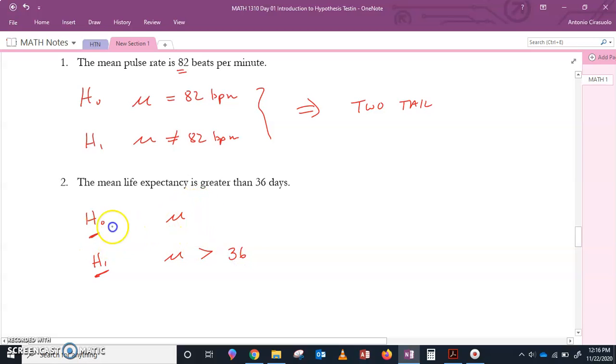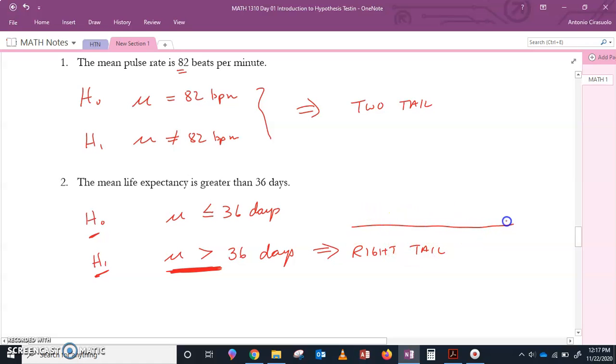And with the null hypothesis, we include the equality sign, so that would be the opposite and equal. This determines which direction the tail is in. Greater than implies a right tail. If we were to draw the graph or the curve, it would be a right tail.